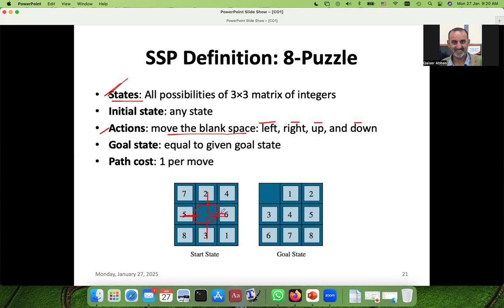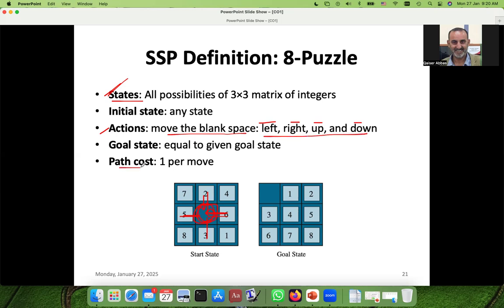So when you move this 6 here, you are moving this blank to the right. And when you are moving this 2 here, you are moving this blank to the top position. This is how we are writing these actions.